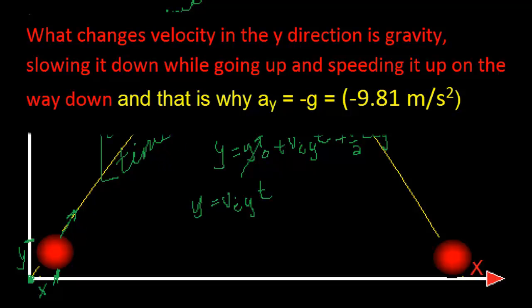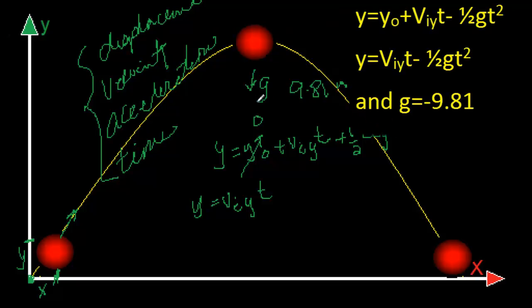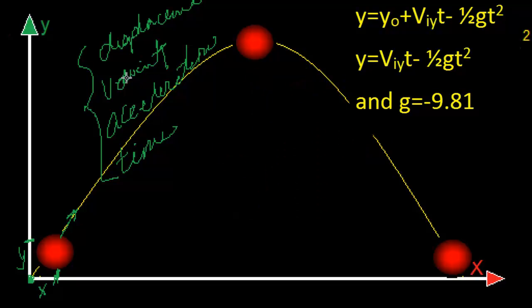What we have here is gravity, g, which is 9.81 meters per second squared. And since it's acting downwards, it has a negative value. So it's minus 1/2 g times time squared. So far we have covered displacement.